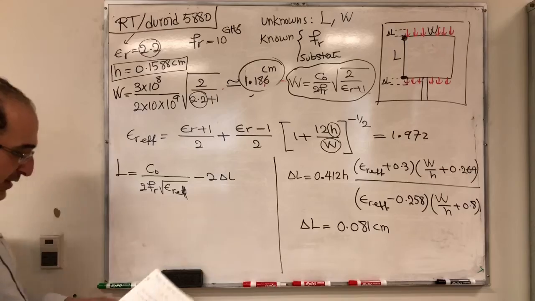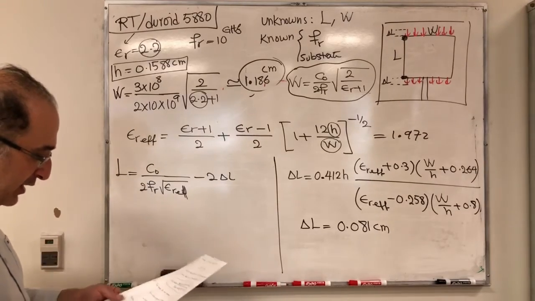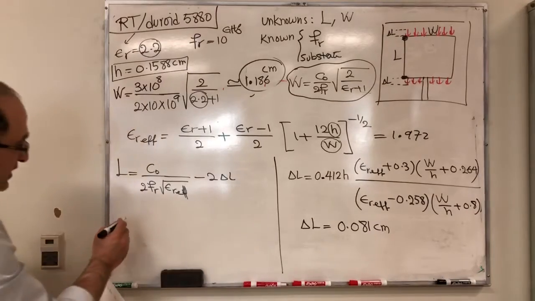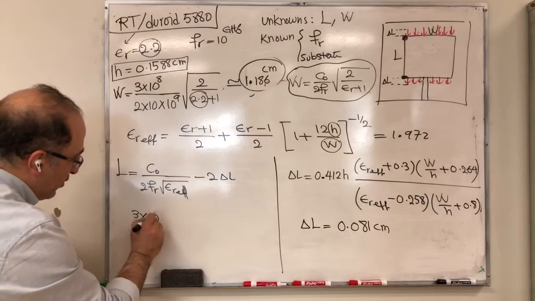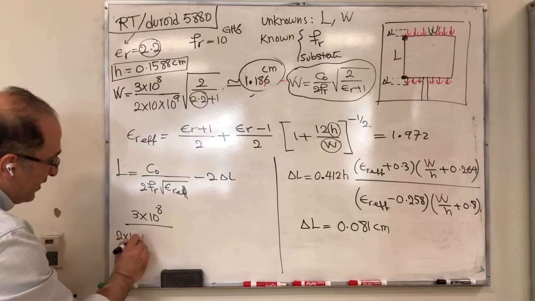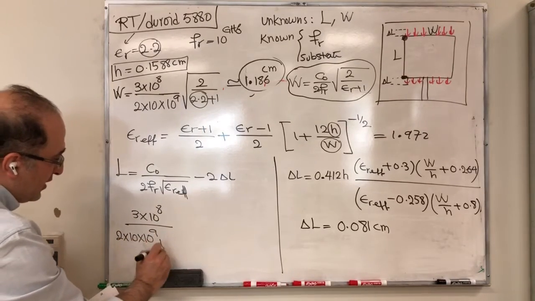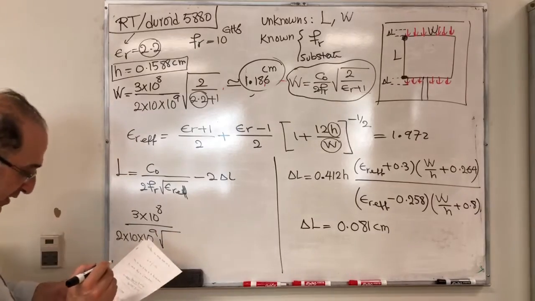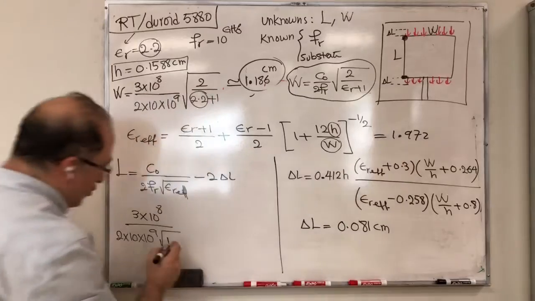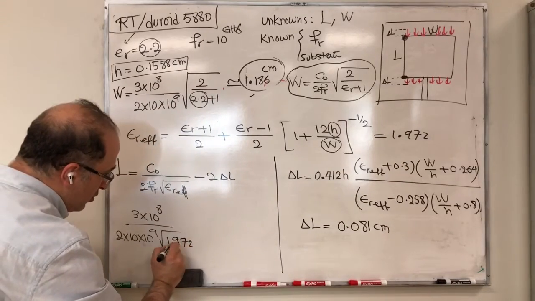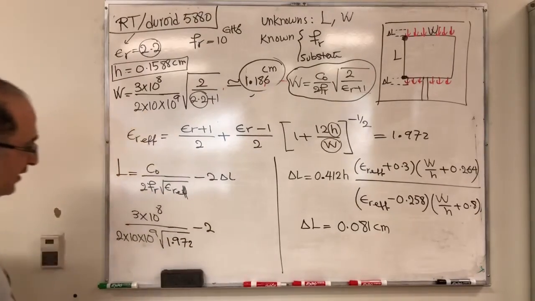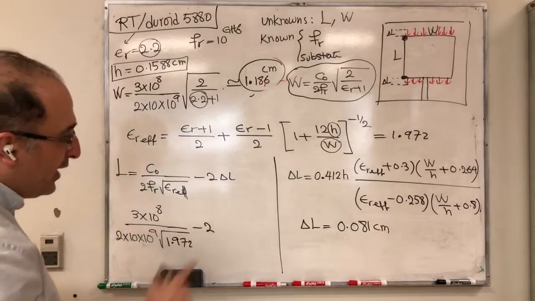So if we have that, now let me see what would be the value if you start plugging in here. So c0 is 3 times 10 to the power of 8, then 2 f_r is 2 times 10 gigahertz, then epsilon_r effective, we have it at 1.972. And minus 2 delta L. So my delta L is right there.